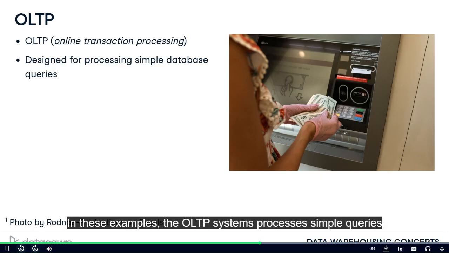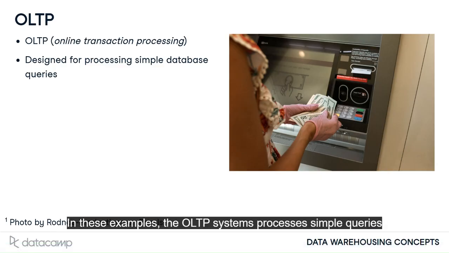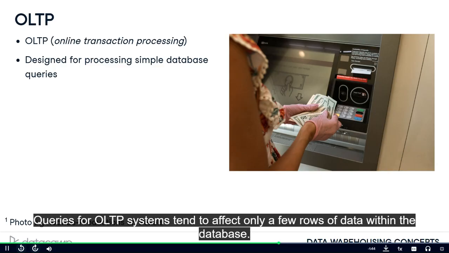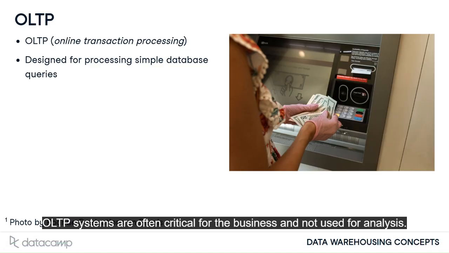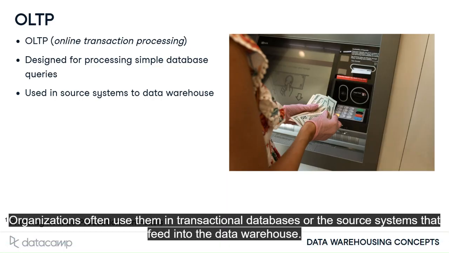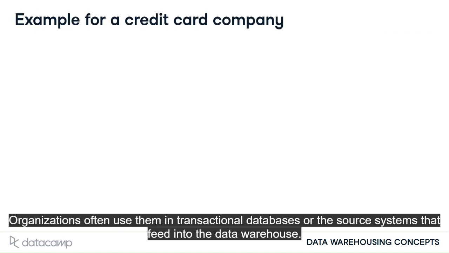In these examples, the OLTP system processes simple queries to the database. These systems are often critical for the business and are the databases or the source systems that feed into the data warehouse.